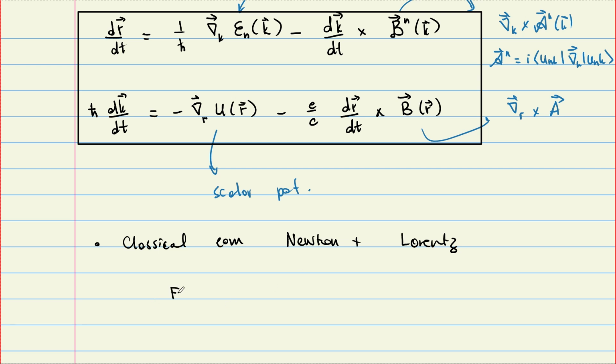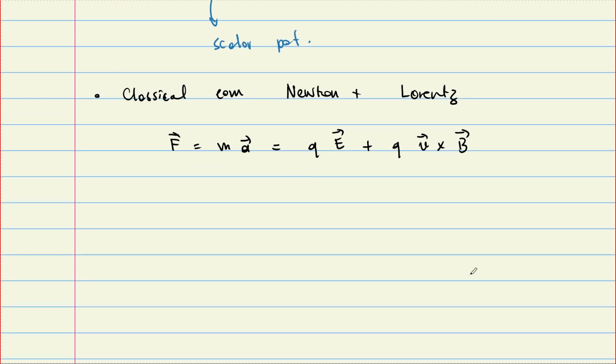So what we have is F is equal to m times A, and it is equal to Q E plus Q V cross B. I think everybody knows this. And this A is equal to d square r dt squared.